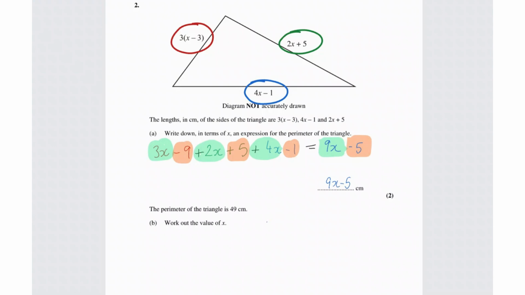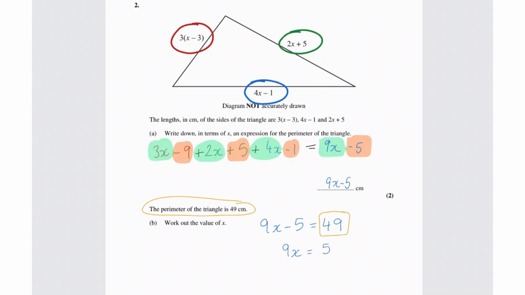In part B, we're told the perimeter is 49. So we can say 9x minus 5 equals 49. We formed an equation. That 49 came from that. To solve this, we're just going to make x the subject. So we're going to get 9x by adding 5 to the left.